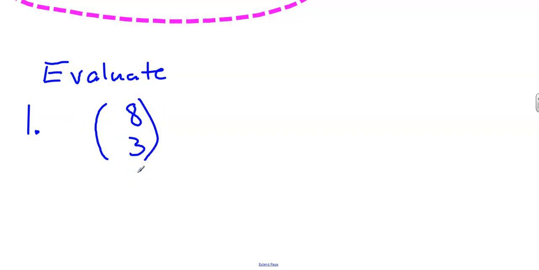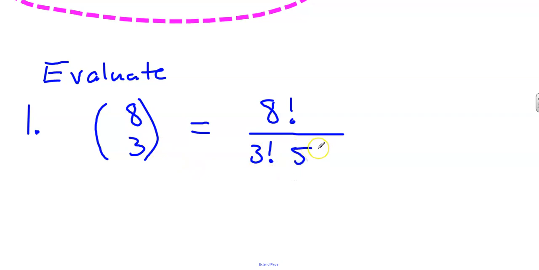Okay, let's do 8 over 3. Alright, so that's 8 factorial over 3 factorial, and then you're going to do 8 minus 3 to make it 5 factorial.